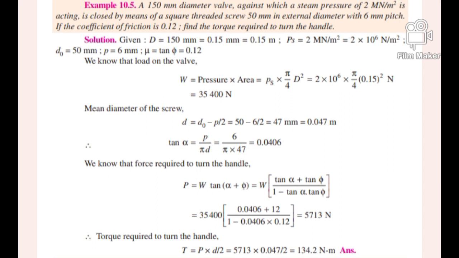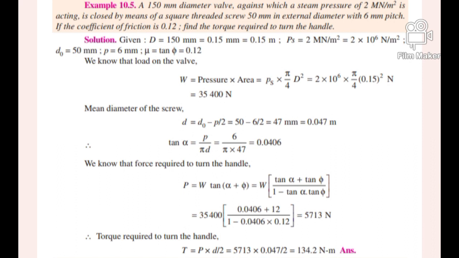Next we have to find the alpha value by using the formula tan alpha is equal to p by pi d. Alpha will be equal to tan inverse of p by pi d. We know the pitch and the mean diameter. By applying the values, we will get the alpha value.